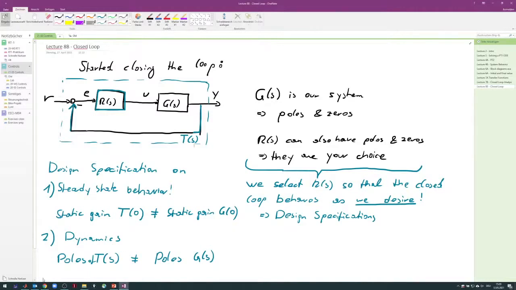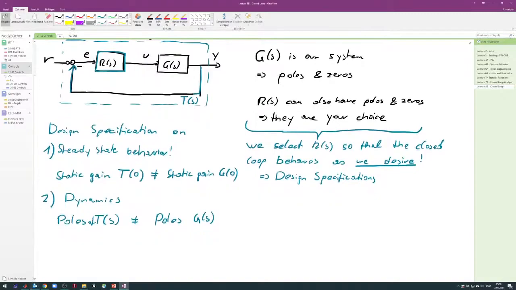I mean, this should be kind of clear. It's just like bringing everything in perspective, what we are doing, right?